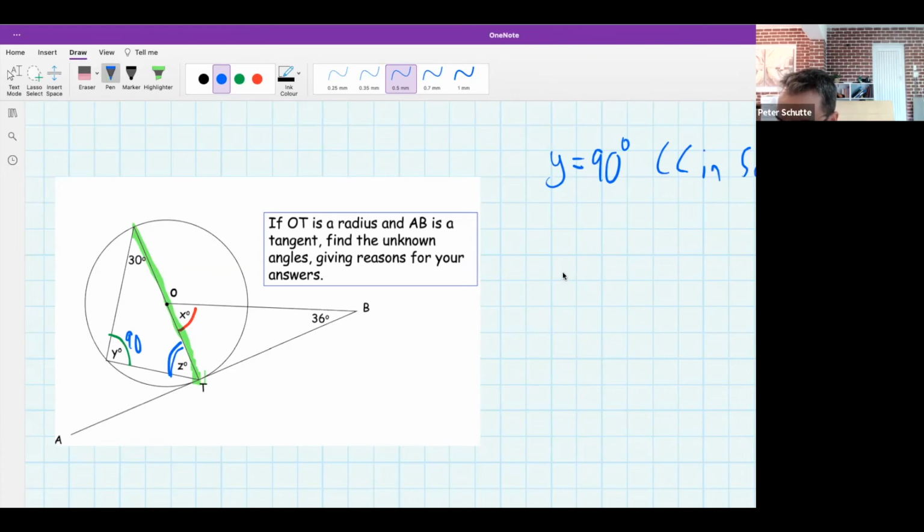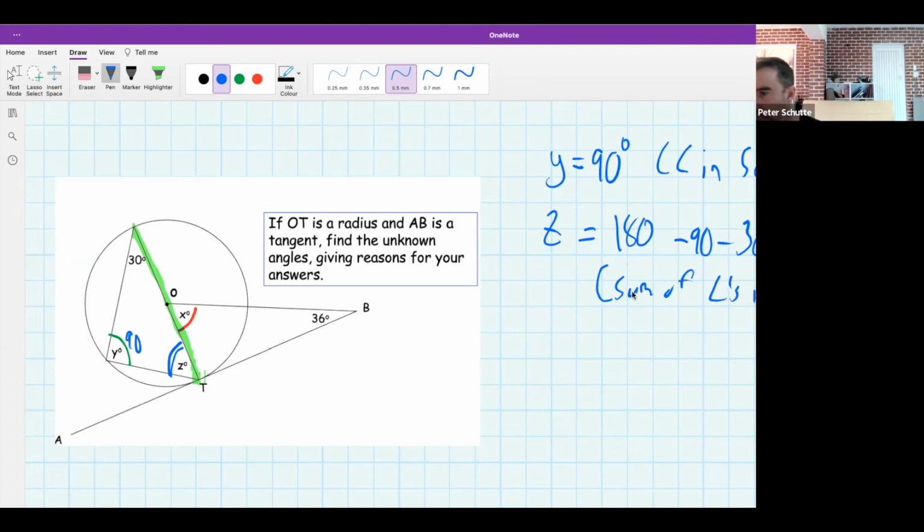And now, if we look at Z, it seems to indicate that, well, sum of angles in a triangle. So it just must be 180 minus 90 minus 30, which is 60. Sum of angles in triangle.